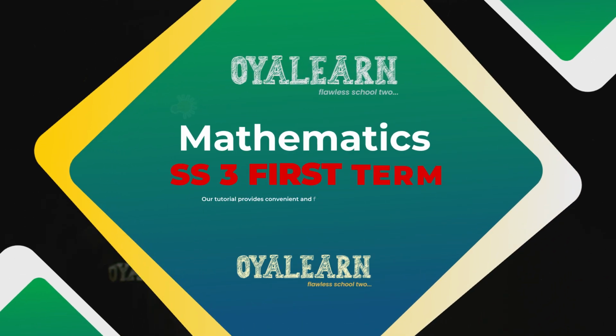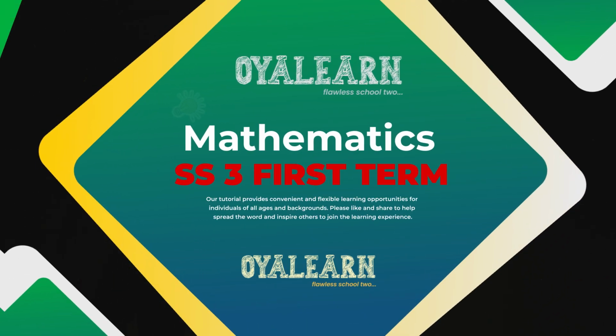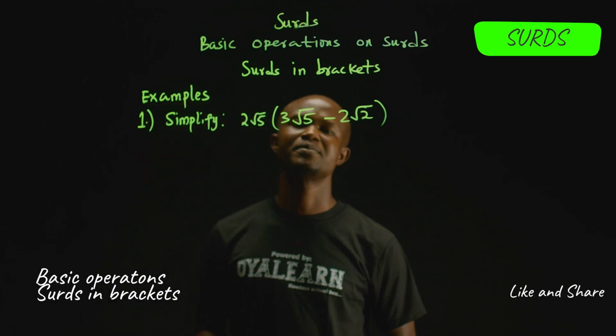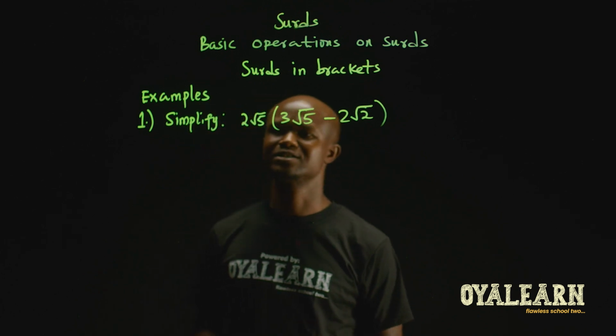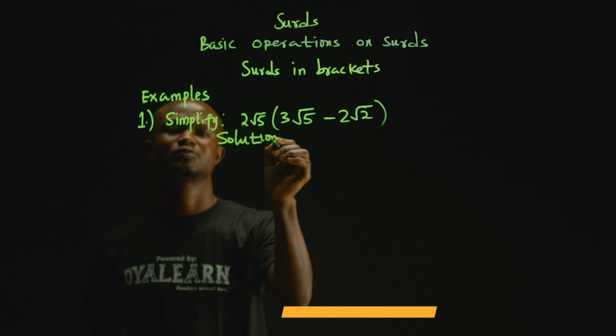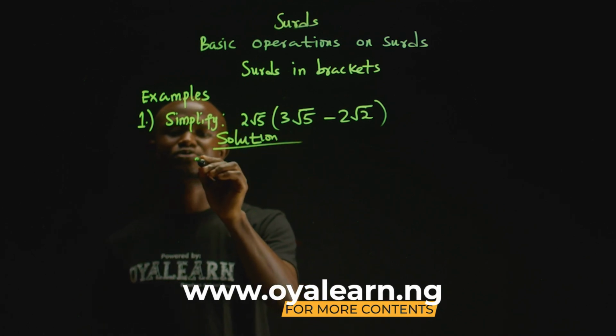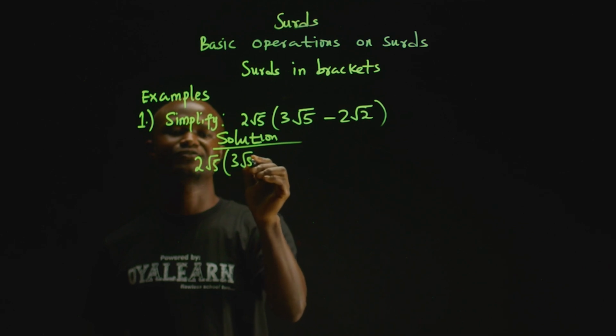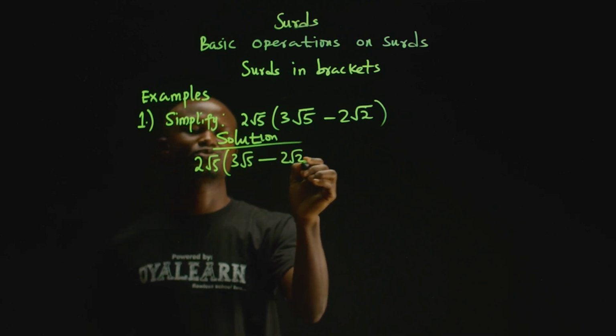Surds in brackets. Examples. Simplify 2 root 5 into bracket 3 root 5 minus 2 root 2, then close bracket. Solution. We have 2 root 5 into bracket 3 root 5 minus 2 root 2.